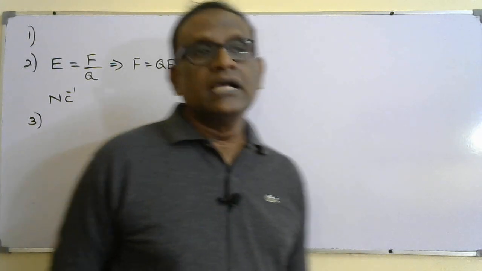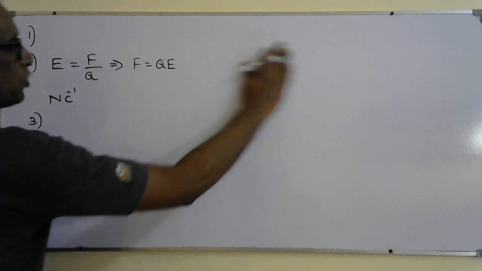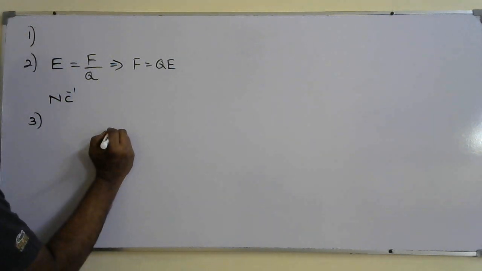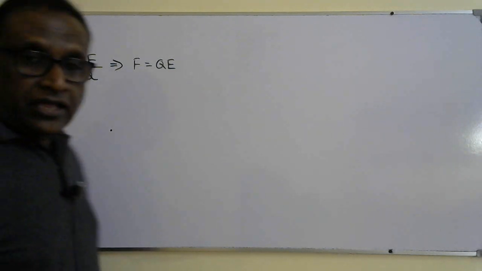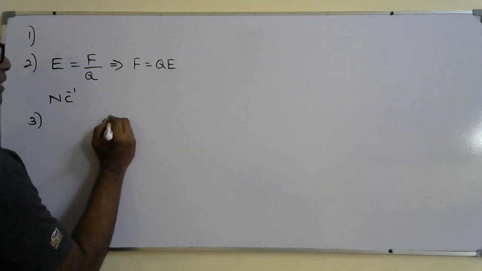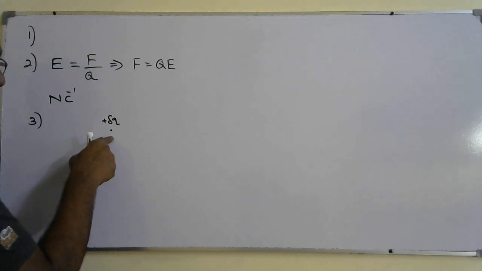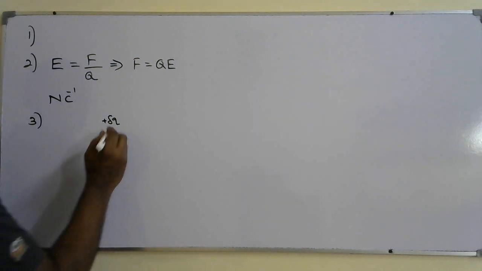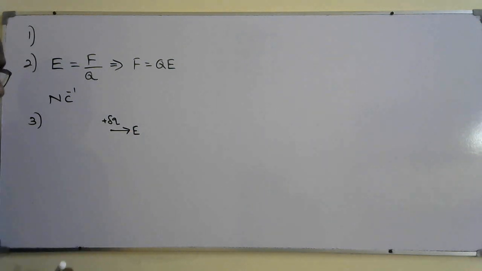For example, there is an electric field in this whole region. If you want to find the direction of the electric field strength at this point, you should imagine if I keep a positive test charge, the direction of the electrostatic force acting on the positive test charge is the direction of the electric field strength at that point.